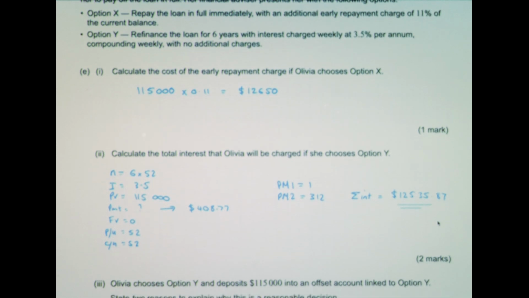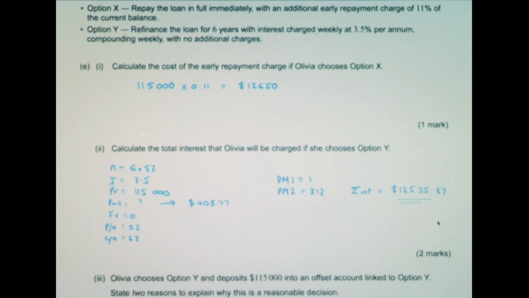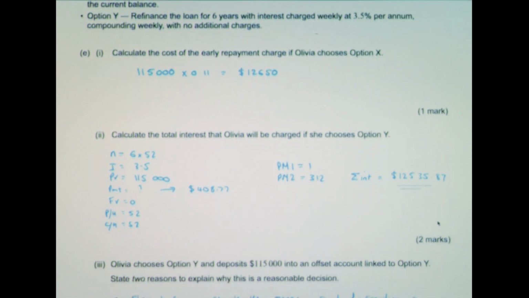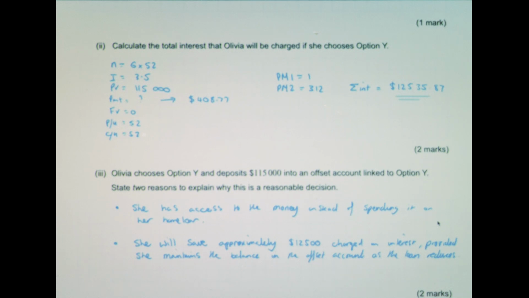So you're looking at finding the PMT, that comes in at 408.77. And because you've already got all that information in your graphics calculator, you should then be able to just use the amortization PM1, and then PM2 is the 6 times 52, which is your 312 to get your sum of interest.